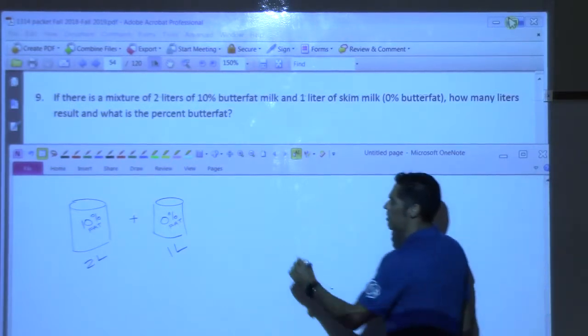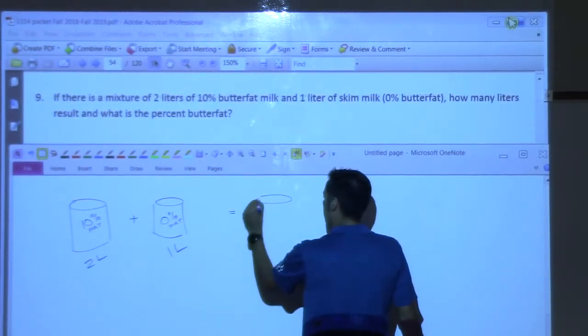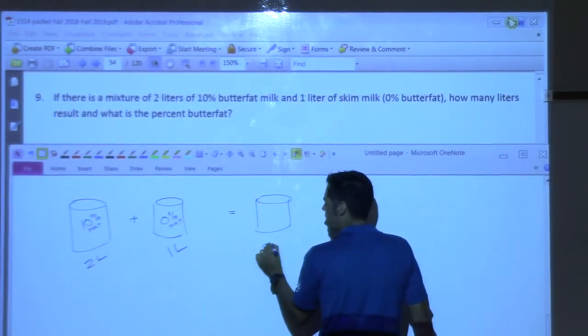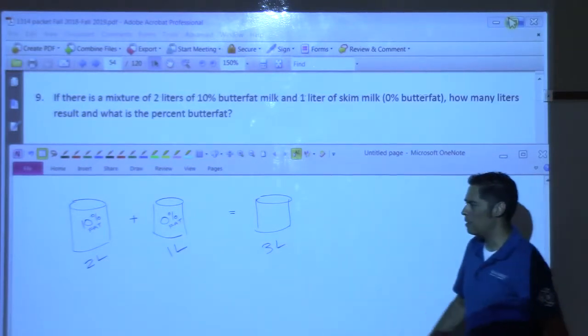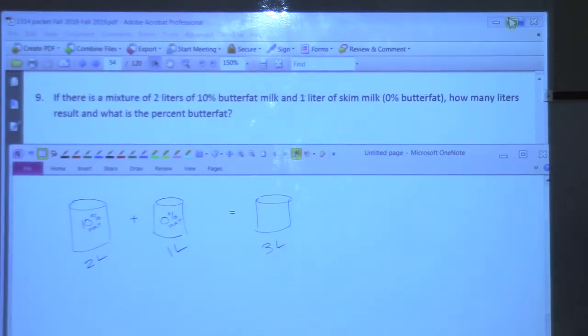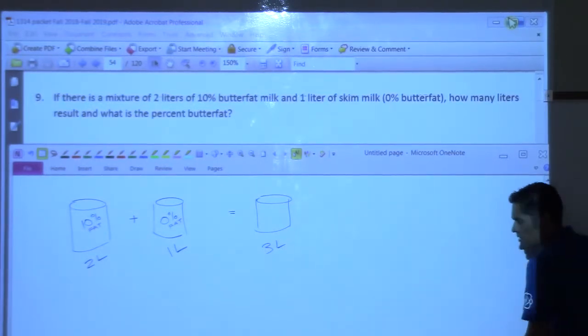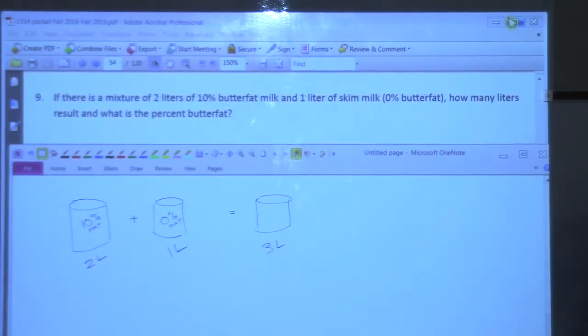So when we add these two together, how many liters do we have? 3 liters. That's the easy part, right? You just add up the liters. But what's the percent? So this is where you do that little computation. So I'm going to take, let's see, where am I at here? Christine? Is Christine here? No?